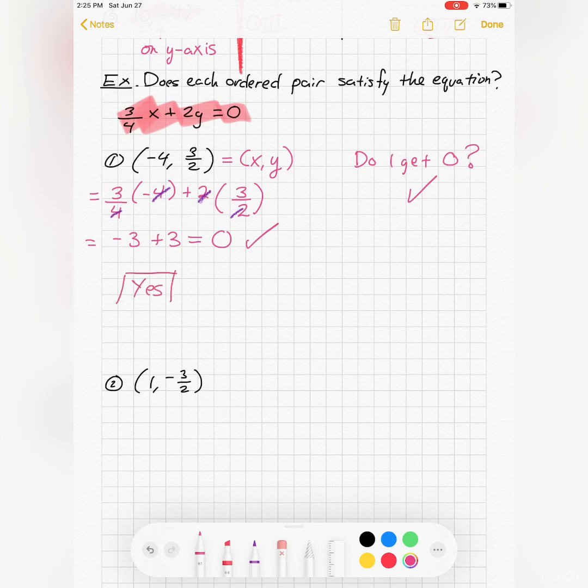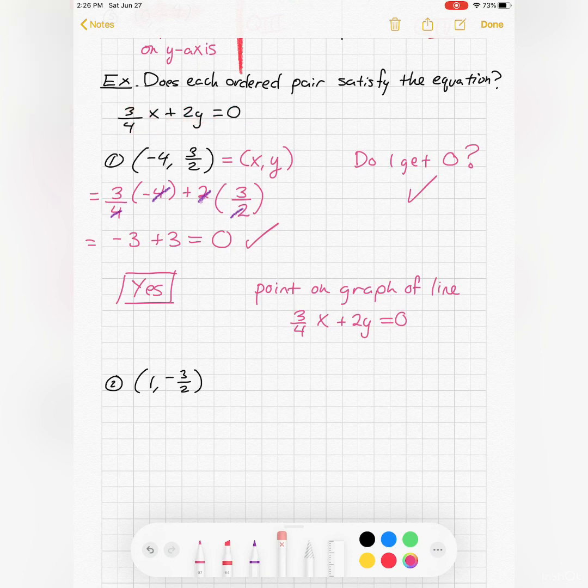So yes, that means this ordered pair does satisfy the equation. So graphically what this means is that this point is actually on the graph of the line given by this equation. Now we're going to talk in a little bit about actually graphing lines, but that's what that's telling me graphically.